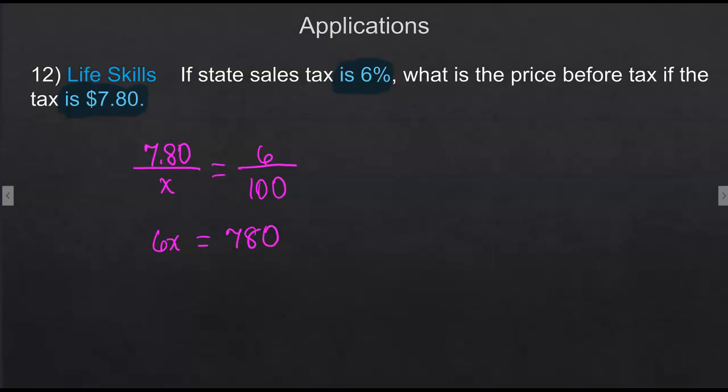And then, of course, we divide to solve. Divide by 6. And x is $130. So once again, reasonable thinking about your numbers tells you this number has to be quite a bit bigger than 780 because 780 was 6% of this number.